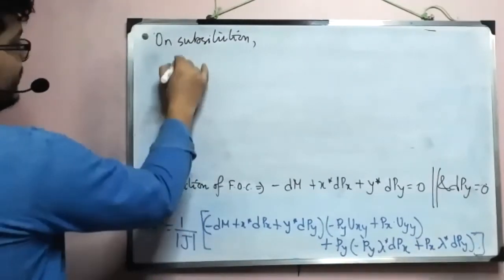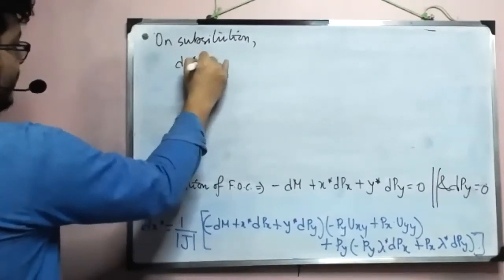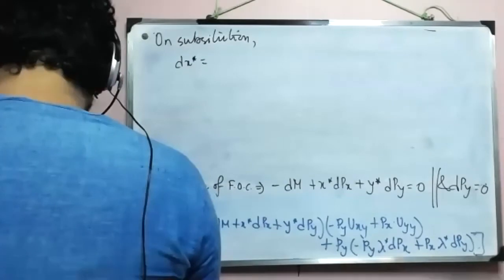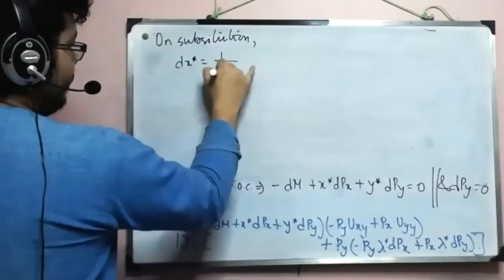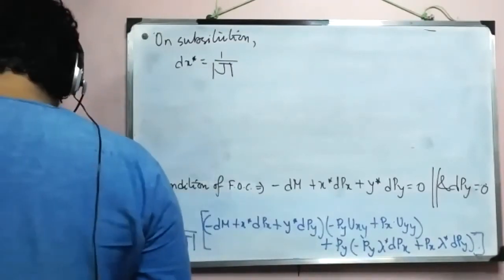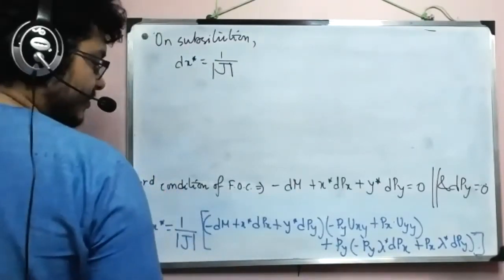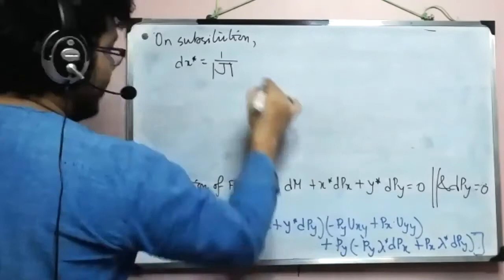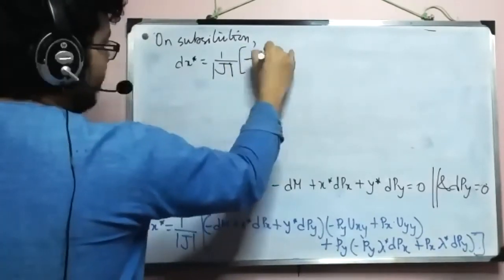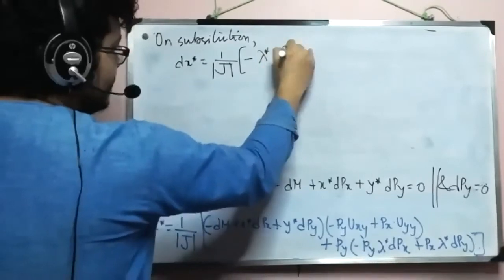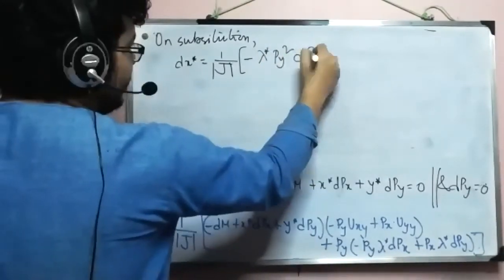So if I do that, then the dx star becomes, okay, let's write 1 by Jacobian. So here is minus, right? Minus lambda star py square dpx.